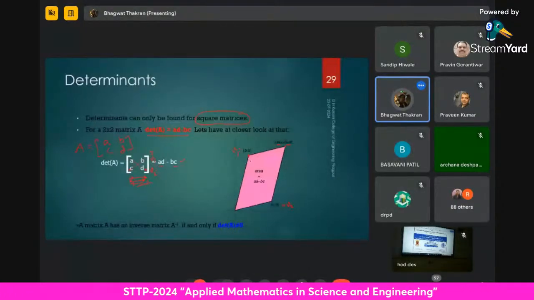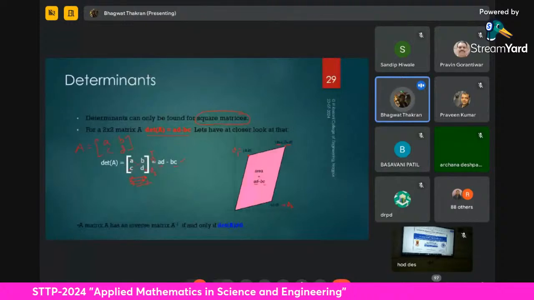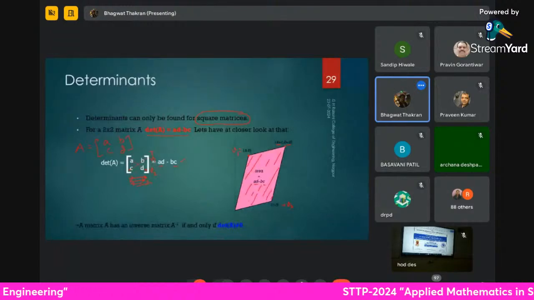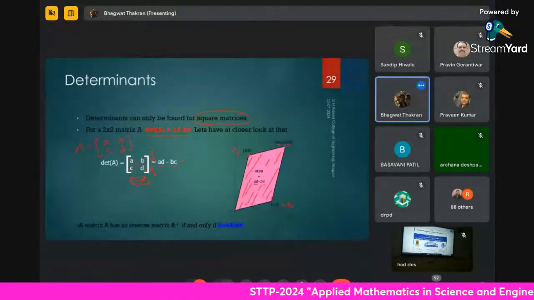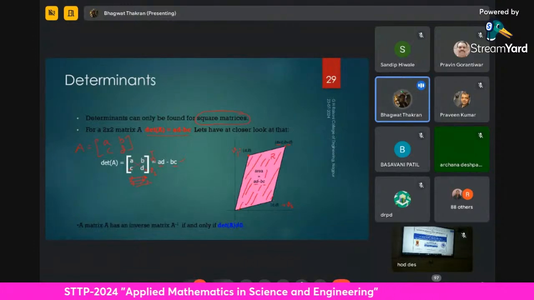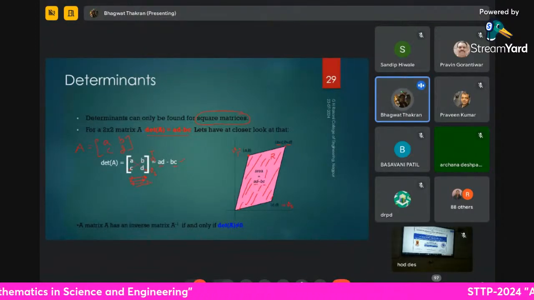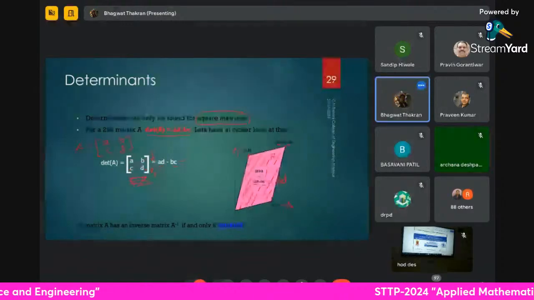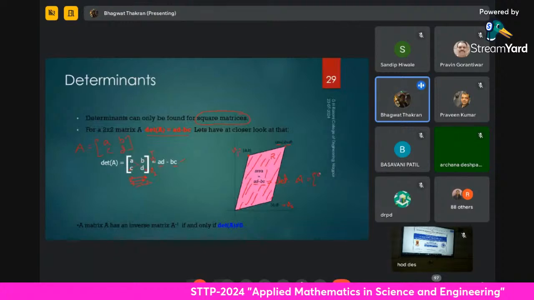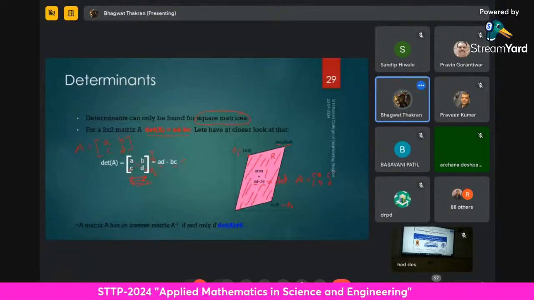The product we are saying, ad minus bc, is nothing but the area enclosed by this rhombus, this region enclosed by these two vectors. That is the determinant of the matrix A representing the vectors a, b, c, d.